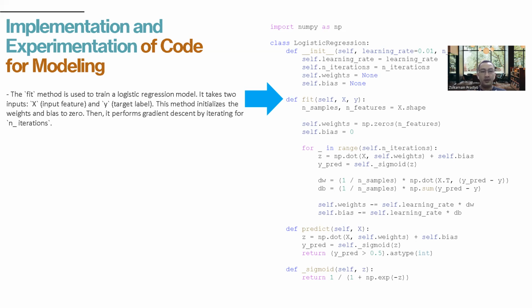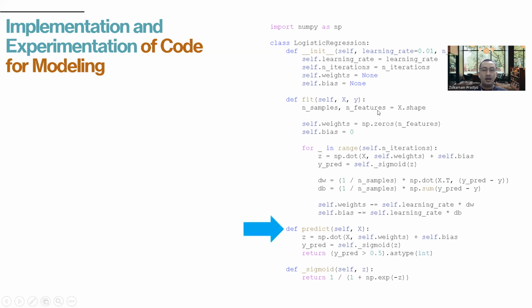Then it performs gradient descent by iterating for the number of iterations. And then I create predict(self, X). The predict method takes the input features X and returns the predicted class label.